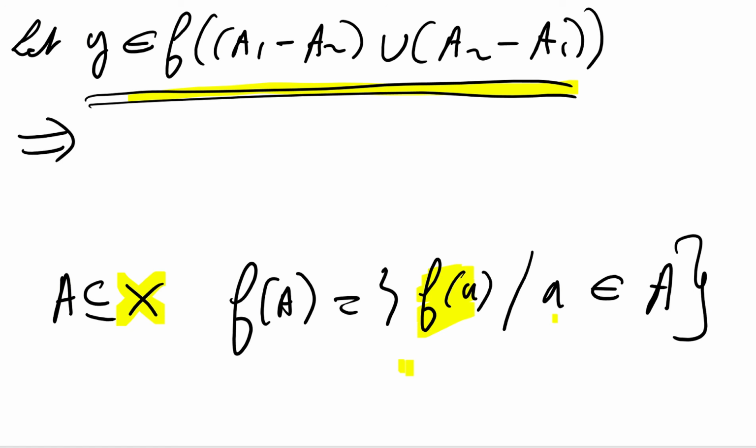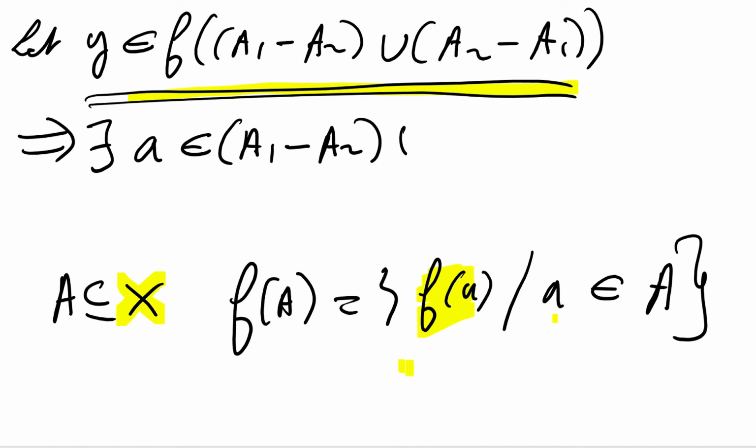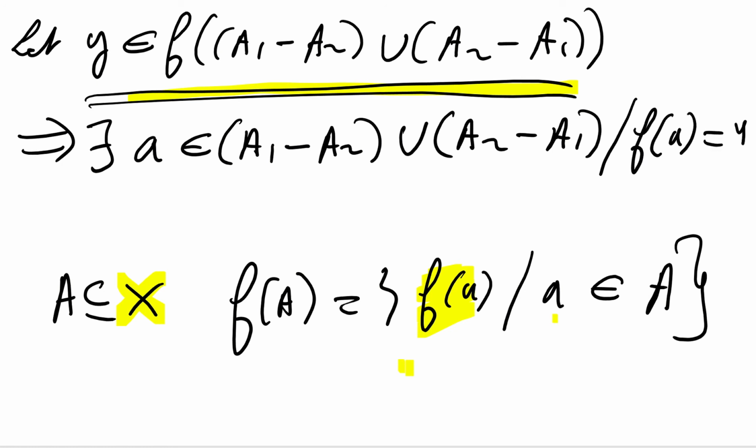there must exist a certain a in (A1 minus A2) union (A2 minus A1) such that f of a equals y.